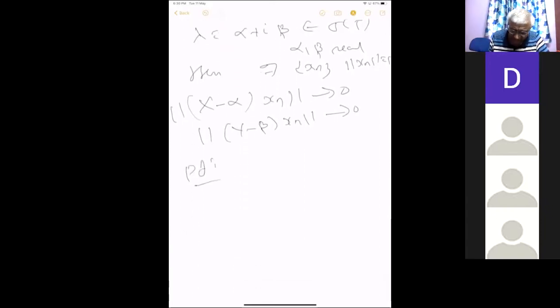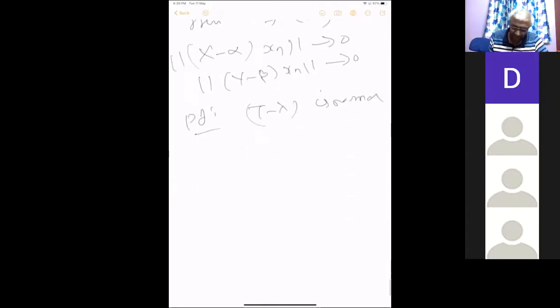This is easy. The proof is because T is normal, so T minus lambda is also normal, since lambda is just a scalar. It commutes with its adjoint, T star minus lambda bar.